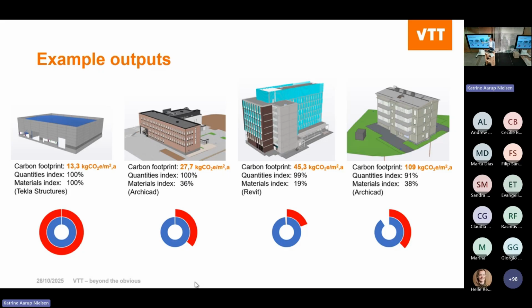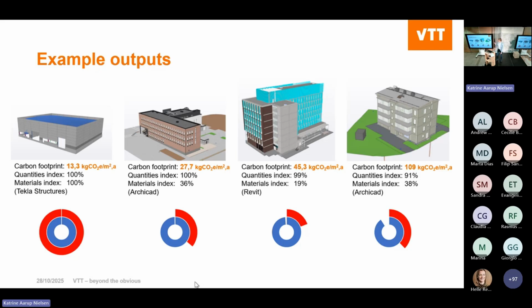Even though we have the quantities, like 100% of how much stuff there is, what if the materials are wrong? In this case, we have only 36%, or here only 19. And how about here, 38? So we might have the materials index okay, but then for the quantities index, how much stuff we have there, we make some assumptions. But again, if we don't label them right, we get the wrong figures.